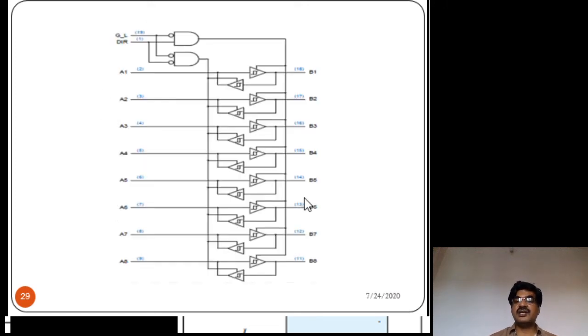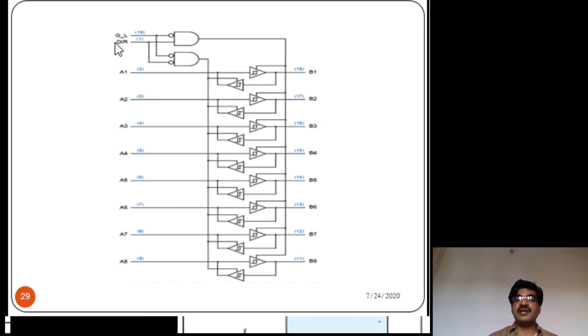Let us see the functionality and internal diagram. So this is the internal diagram of this transceiver. Its size is octal, so it includes 8 buffers at the input A and 8 buffers at the output B. And this is the DIR input to control in which direction the data will be transmitted, from right side to left side or left side to right side.